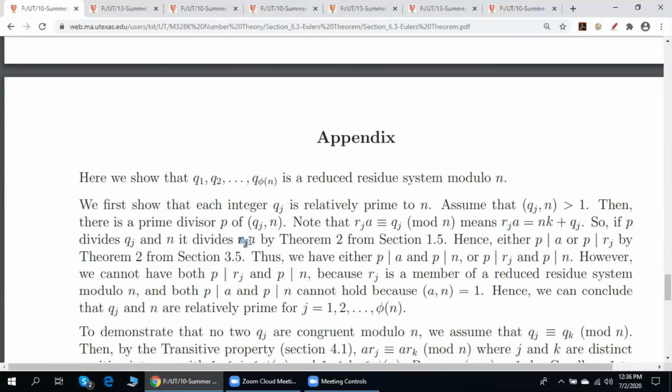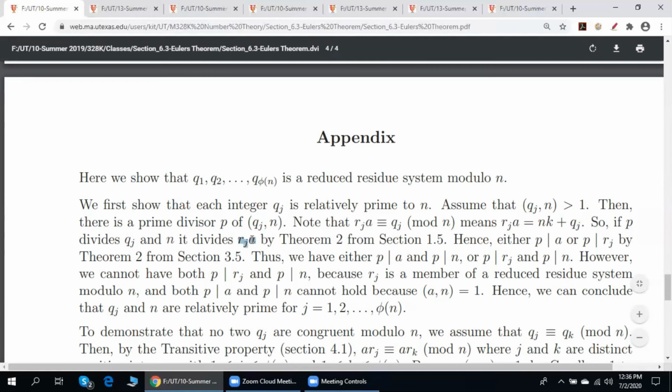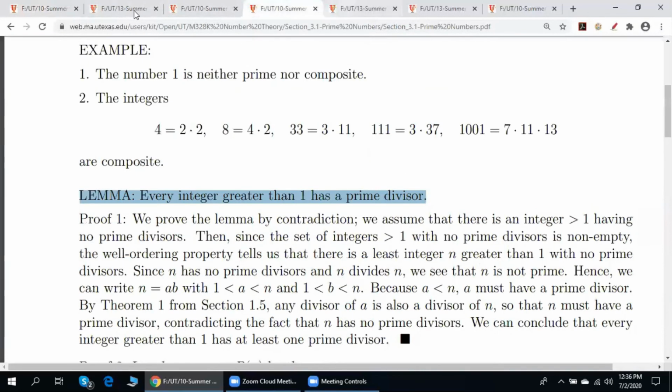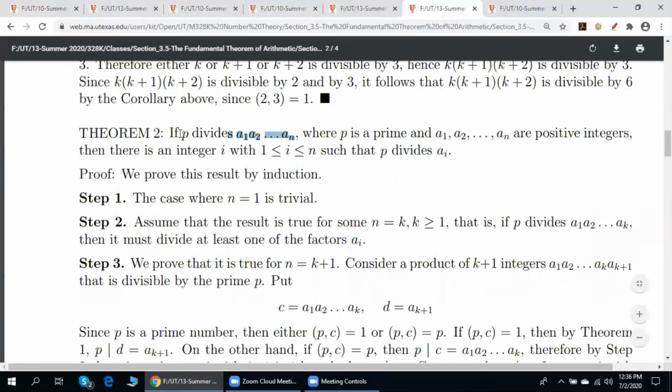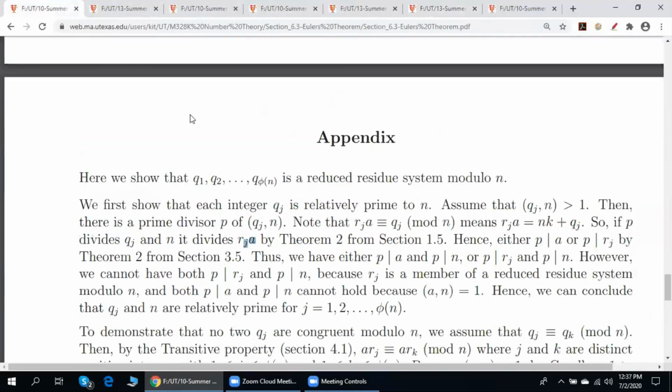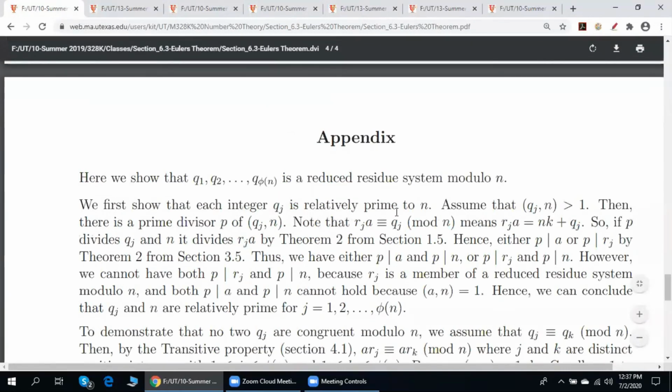P divides Rja. But now, since P is prime, if P divides the product, it divides either factor number 1 or factor number 2. We use this theorem. So there are two possibilities. Either P divides A, or P divides Rj.